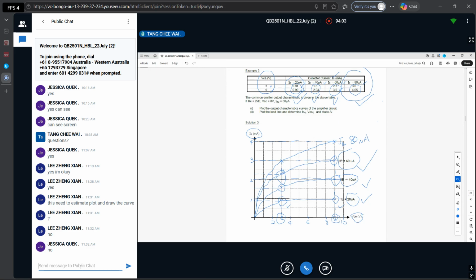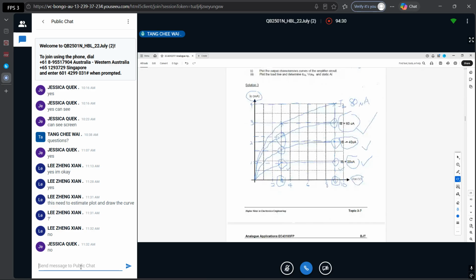For different IB, your IC is different. Basically there are 2 points, 1 point, 2 points, the same thing. And then you join the graph. I hope this is a good start for all of you, so that you can move on more easily further down. If no question, I continue.